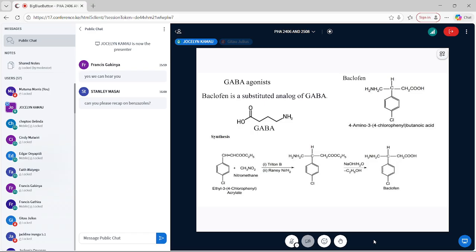And you find that the benzodiazepines are not selective in the type of alpha receptors they bind.